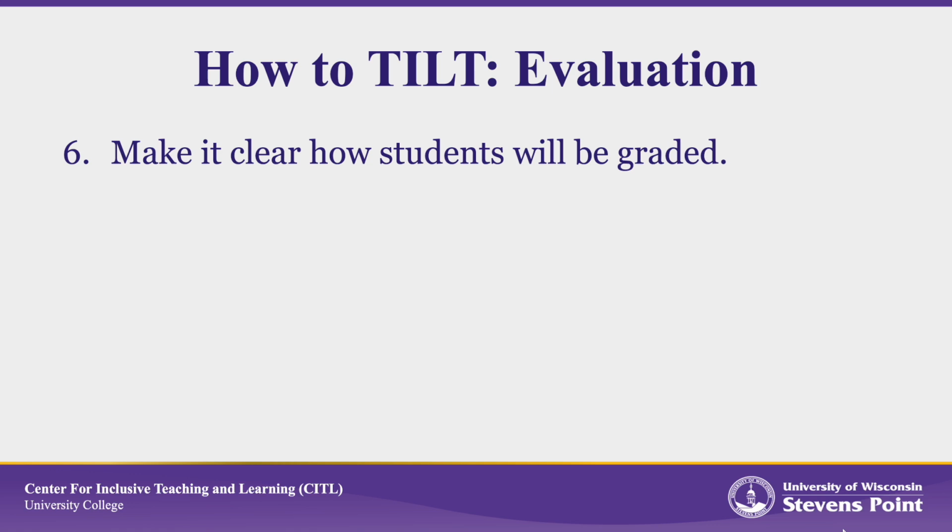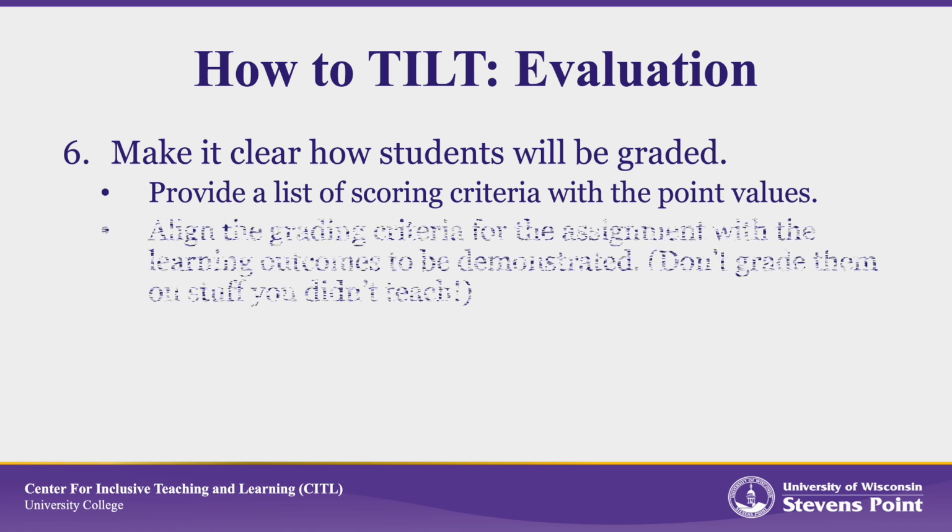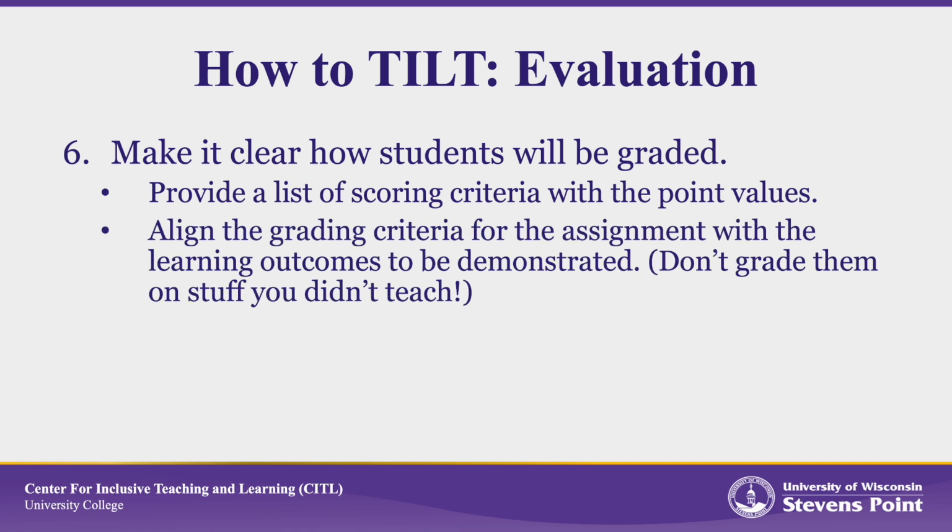You also need to make it clear to the students what good performance will look like. That is, how you'll know that all of the spaghetti stuck. This gives them a target to shoot for, so it's important to make it clear to the students how they're going to be graded. You can do this by providing a list of scoring criteria with point values, making sure that the grading criteria align with the learning outcomes to be demonstrated.